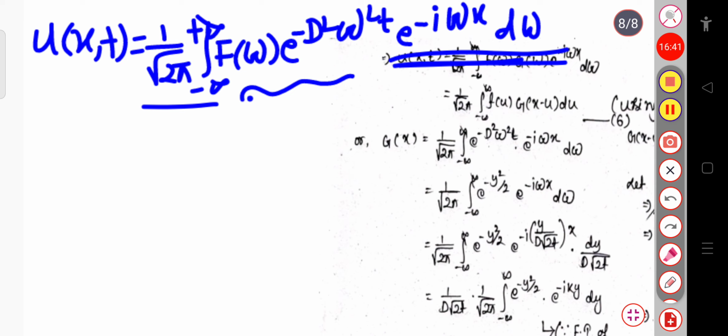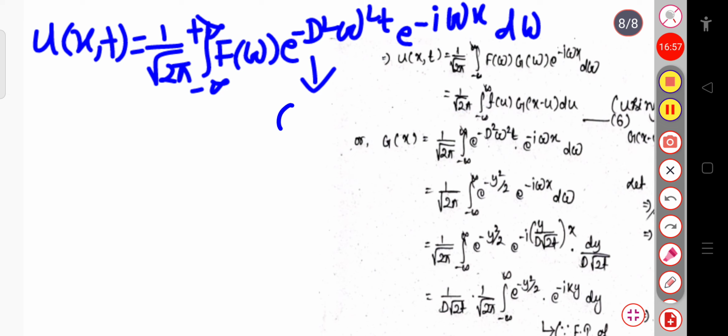But this term, that is f of omega, and the second term, that is exponential minus d square omega square t, these are basically two functions. So if I denote the second function as g of omega, then I can write it as 1 by root over 2 pi integration over minus infinity to plus infinity f of omega g of omega into exponential minus i omega x into d omega.